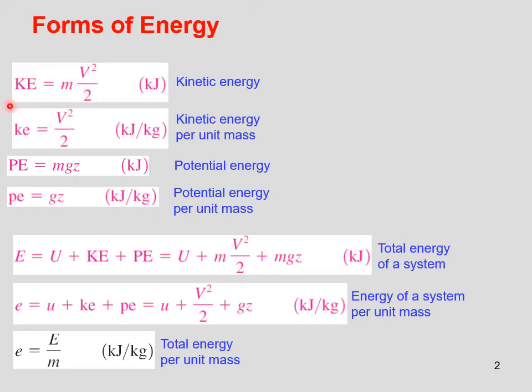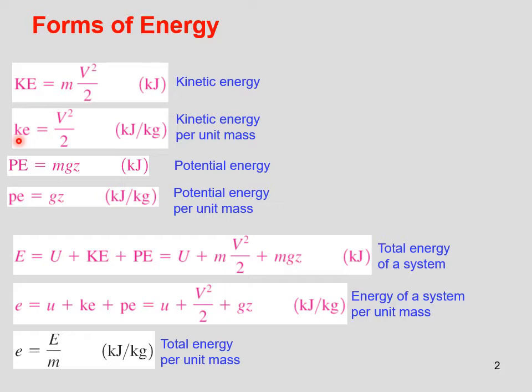Now we define what's known as the kinetic energy per unit mass, which is simply the top formula divided by m. This is very useful because oftentimes we're dealing with a fluid and a flow rate.